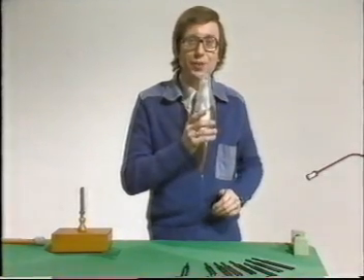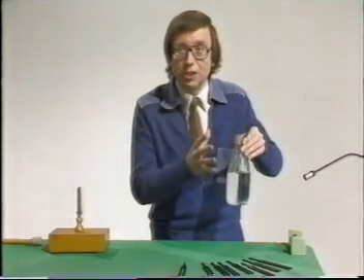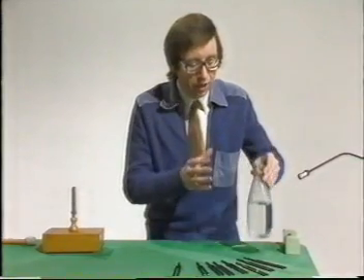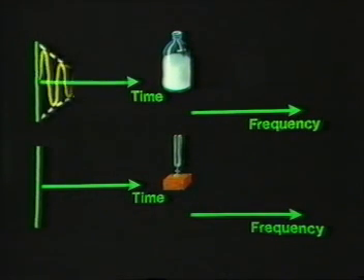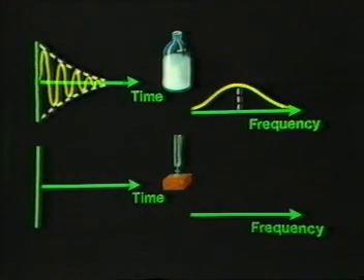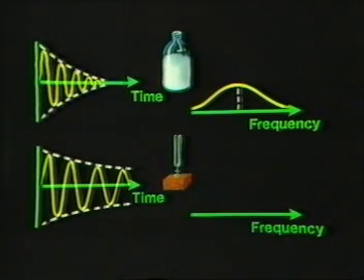And the sound dies away almost as soon as I stop blowing. So, hypothesis: a very fast decay time goes with a broad resonance curve. A very long decay time goes with a narrow resonance curve.